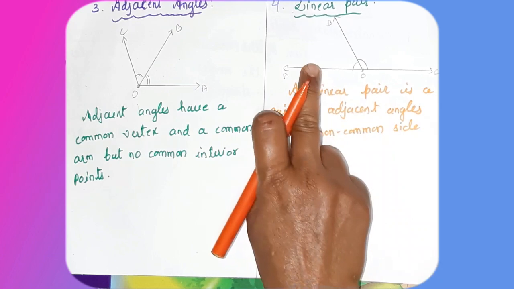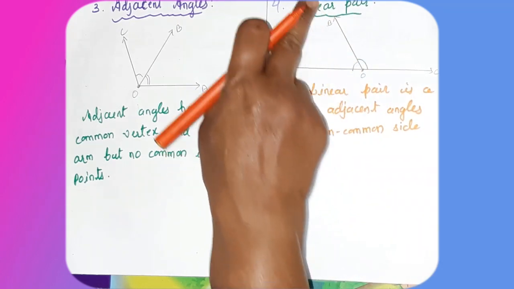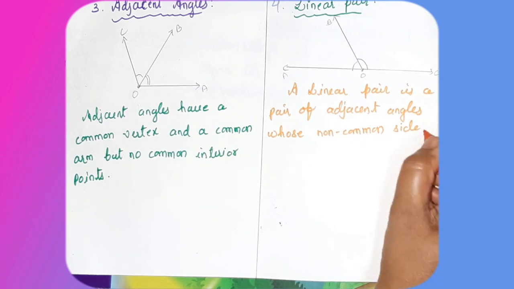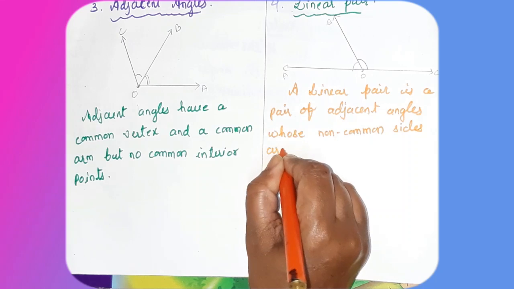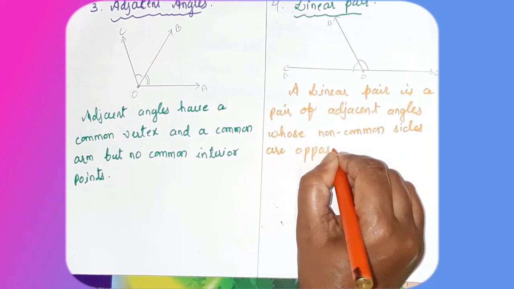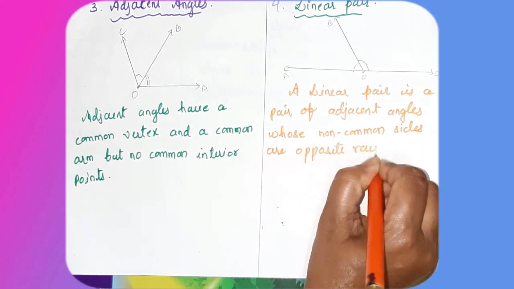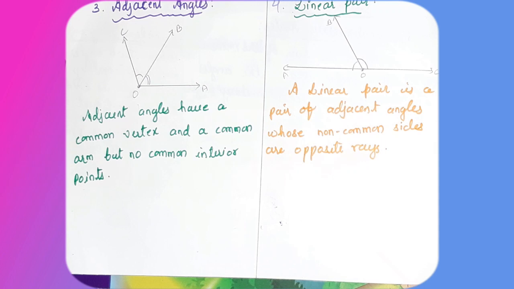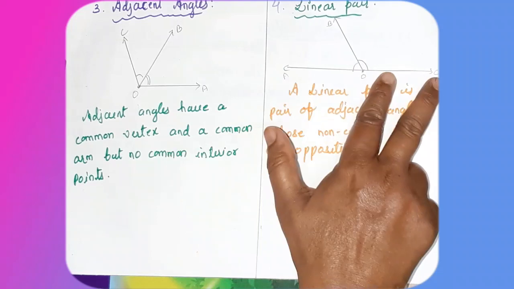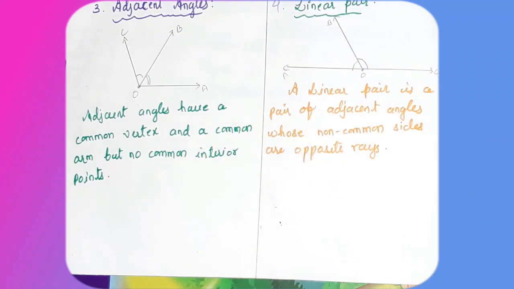These two are non-common, this is common. So except this, these two must be in the opposite direction. Non-common sides are opposite rays. So this is a linear pair. A linear pair is a pair of adjacent angles whose non-common sides are opposite rays. Such angles are called a linear pair.